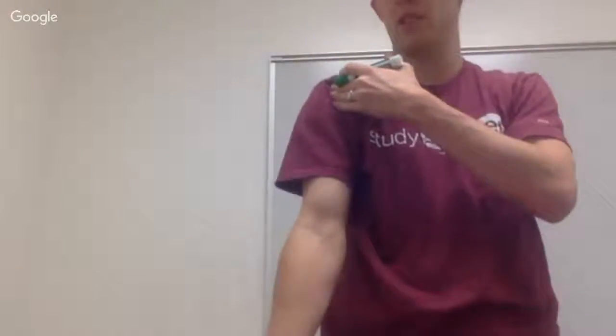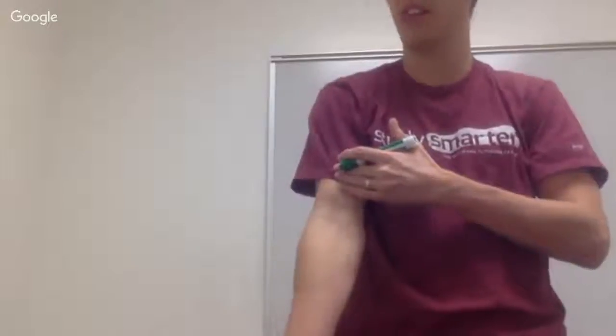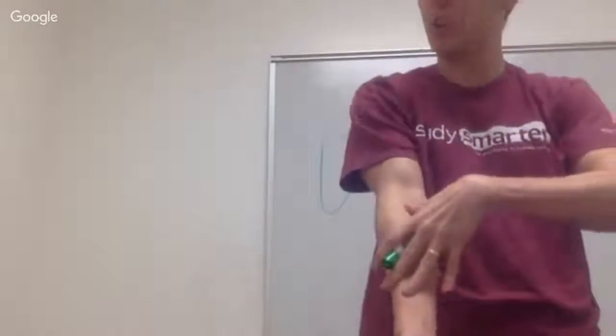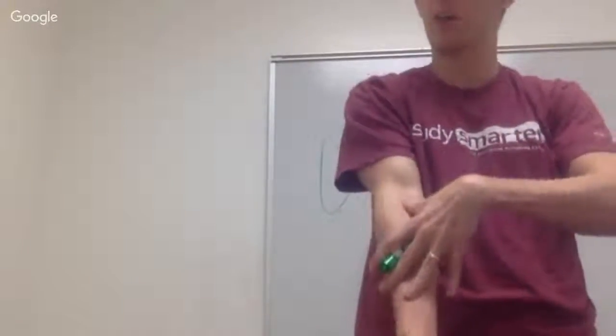But the way I like to memorize it is the scapula is concave. The humerus is double convex. The radius and the ulna are also double concave, and the carpals are convex.